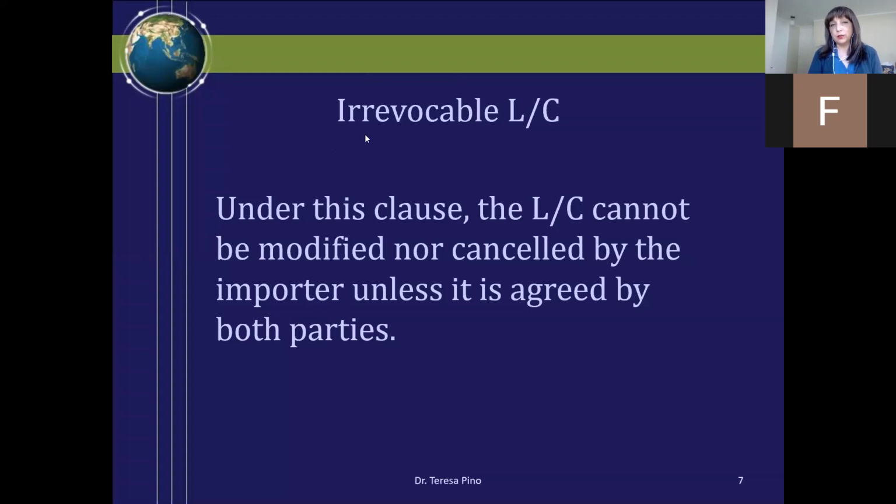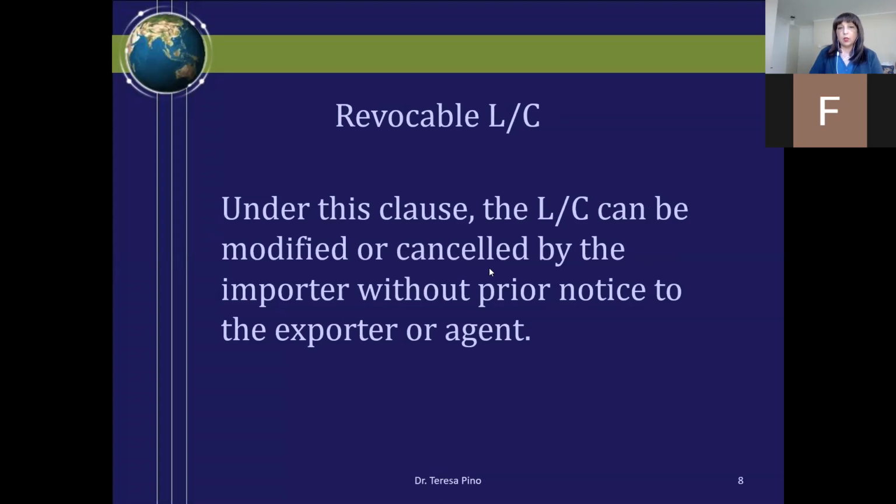Under this condition, that means that the importer cannot make any changes. The only way the terms of the letter of credit can be changed is if both parties agree to the changes. So bear that in mind. Obviously, we have the revocable. It exists, but it's risky. So usually people who are not very experienced and not very familiar with the process may accept a revocable letter of credit.